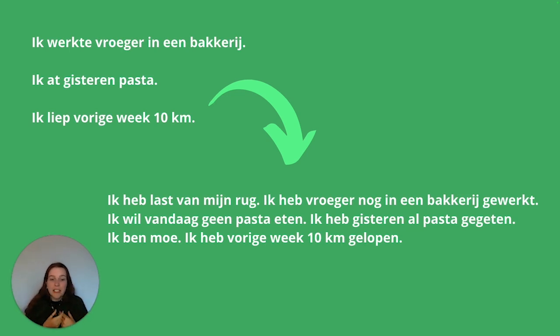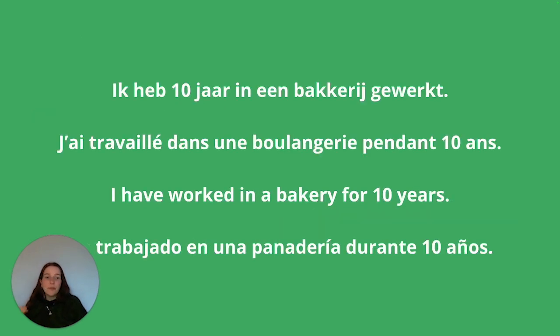Ik heb vorige week 10 kilometer gelopen. So we are talking now about reasons why, for example, you are tired today or you don't want to eat pasta today, because the past does have influence on the present. So for example, ik heb 10 jaar in een bakkerij gewerkt. These are 4 examples for you to understand.